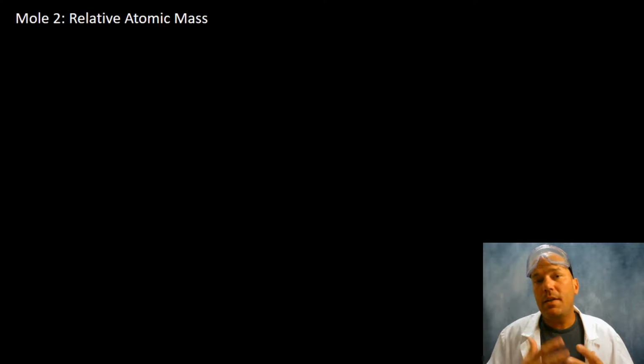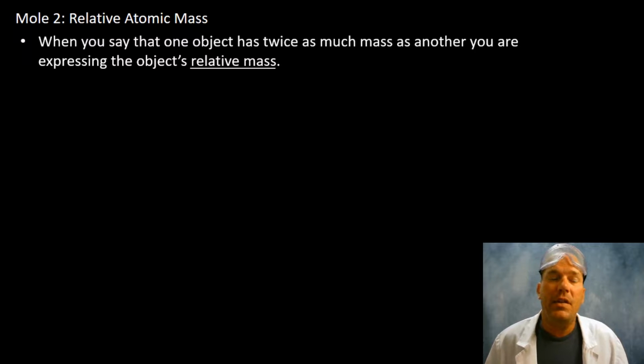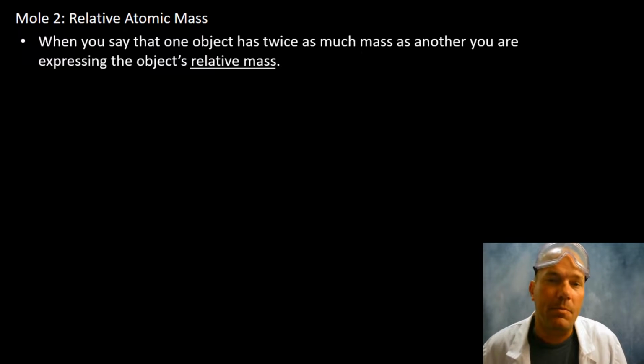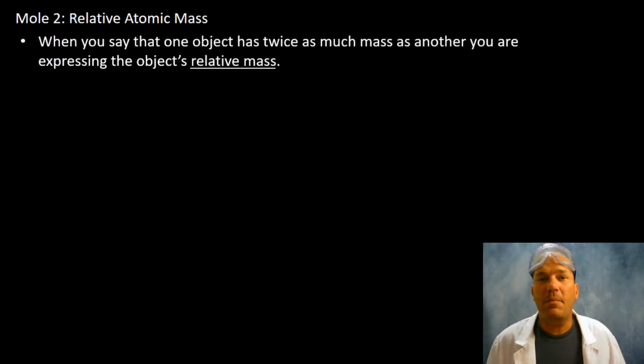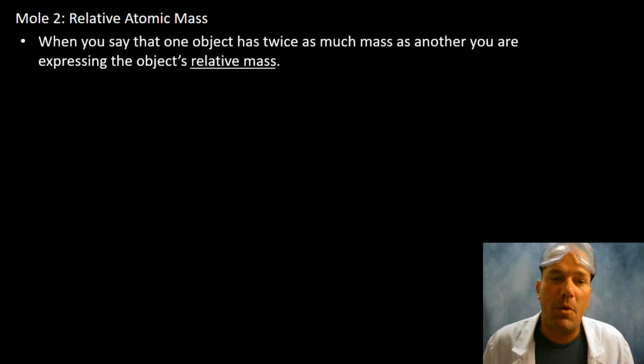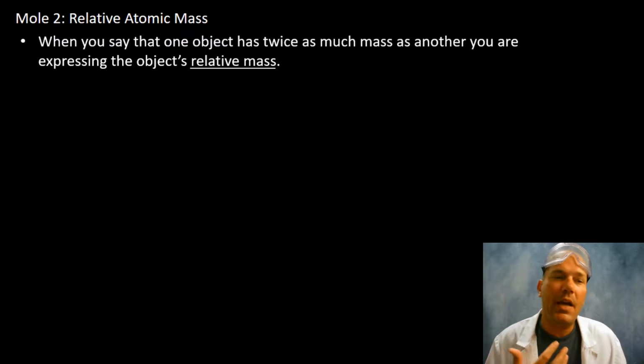So today, in our discussion of relative atomic mass, I'm going to give you some examples and provide a little intuition and insight as to how the proof of concept of the atom came about and eventually led to the idea of a mole.